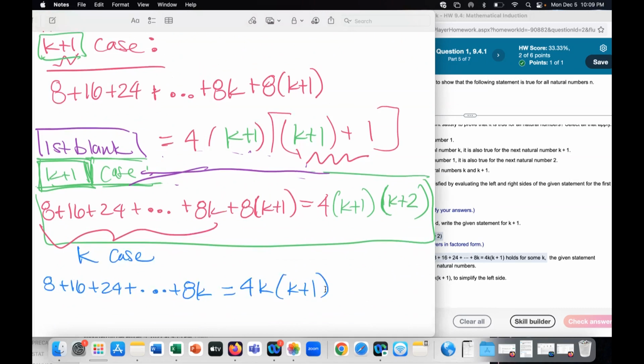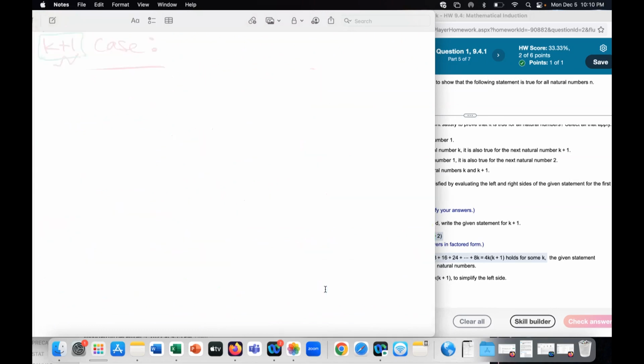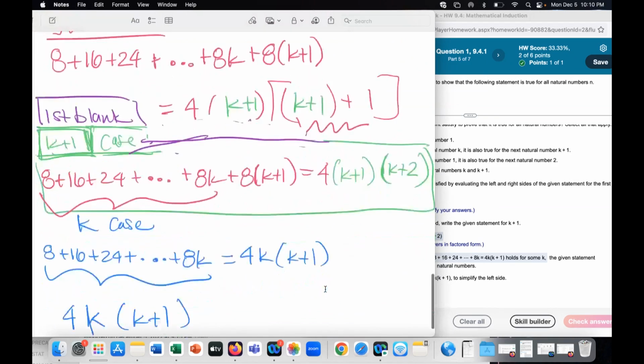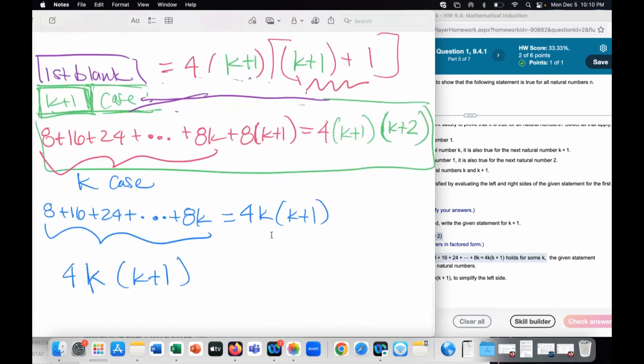I'm going to leave the right-hand side alone. I'm just going to start with that left-hand side. They're walking you through it. So I'm going to replace it with the 4k times k plus 1.